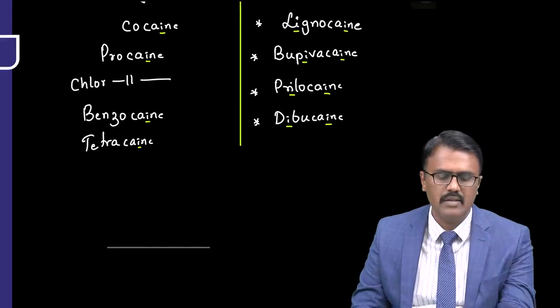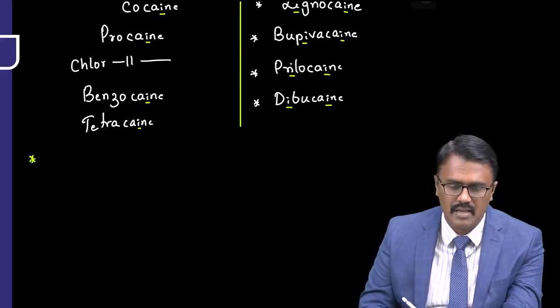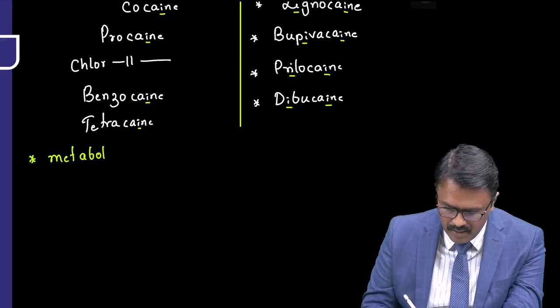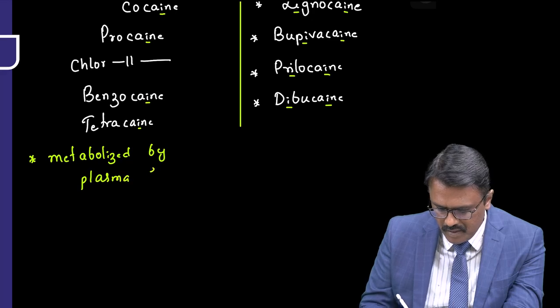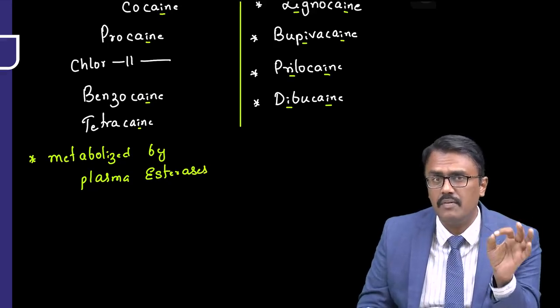Now why are we studying them? Remember, these drugs, esters, are metabolized by plasma esterases. I told you in general pharma also, if drugs are metabolized by esterases, they are very short acting.